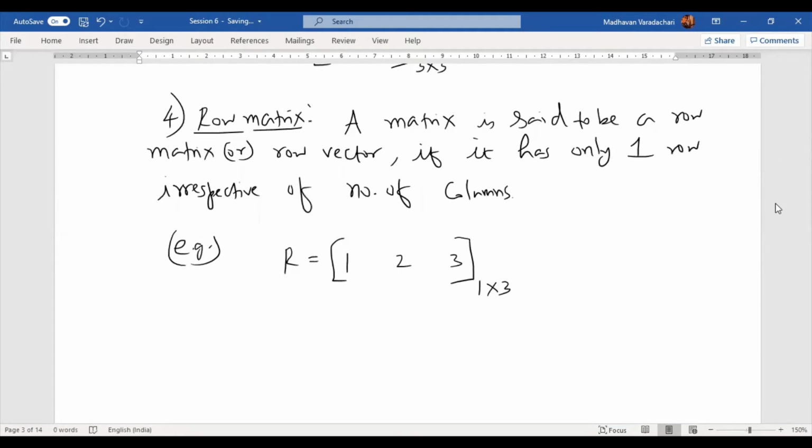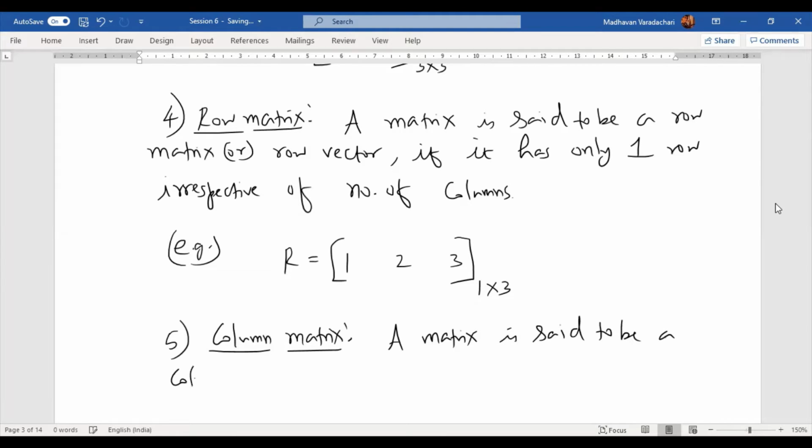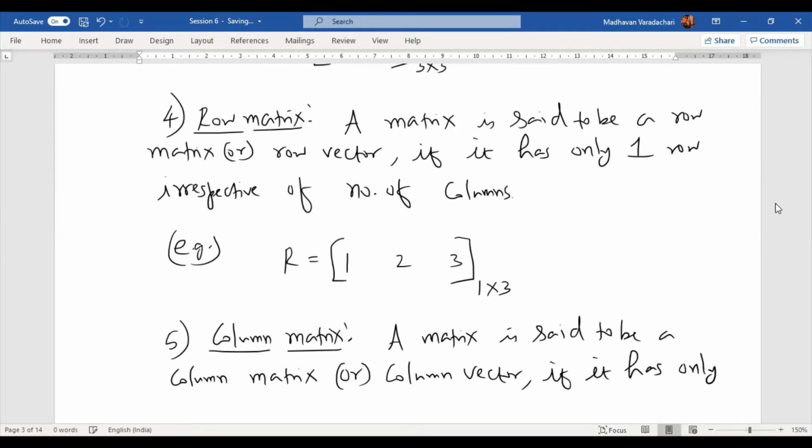Opposite of this is column matrix or column vector. A matrix is said to be a column matrix or column vector if it has only one column, irrespective of the number of rows.